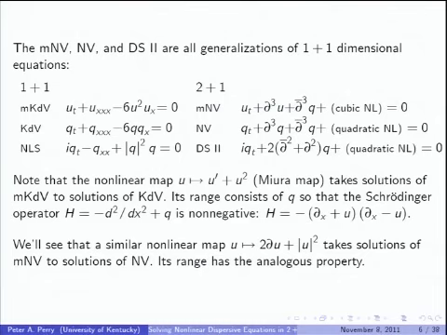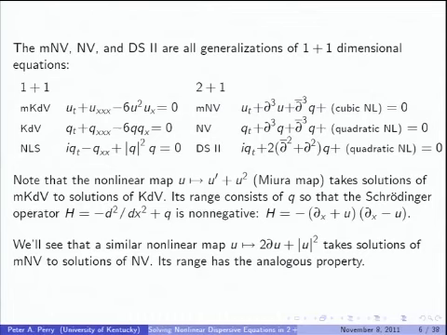The nonlinear Schrodinger equation is the 1 plus 1 dimensional partner of the Davey-Stewartson 2 equation, again with an analogous form. Now, you might ask, since my two results are about this one and this one, what's the third guy doing there? And that's exactly Paul's point, that this equation is connected to this one via the Miura map.